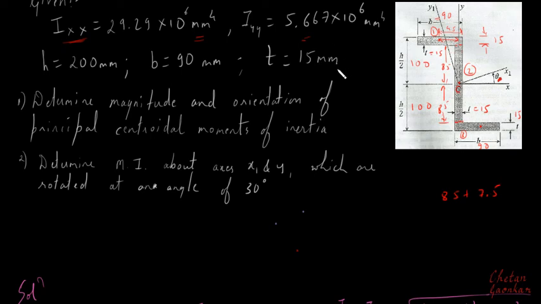The first principal axis will be at an angle of this theta p, 19.21, and the second principal axis will be perpendicular to this, which I can call xp. xp stands for the principal axis in the x direction, and yp will be perpendicular to this, or plus 90 degrees to this.